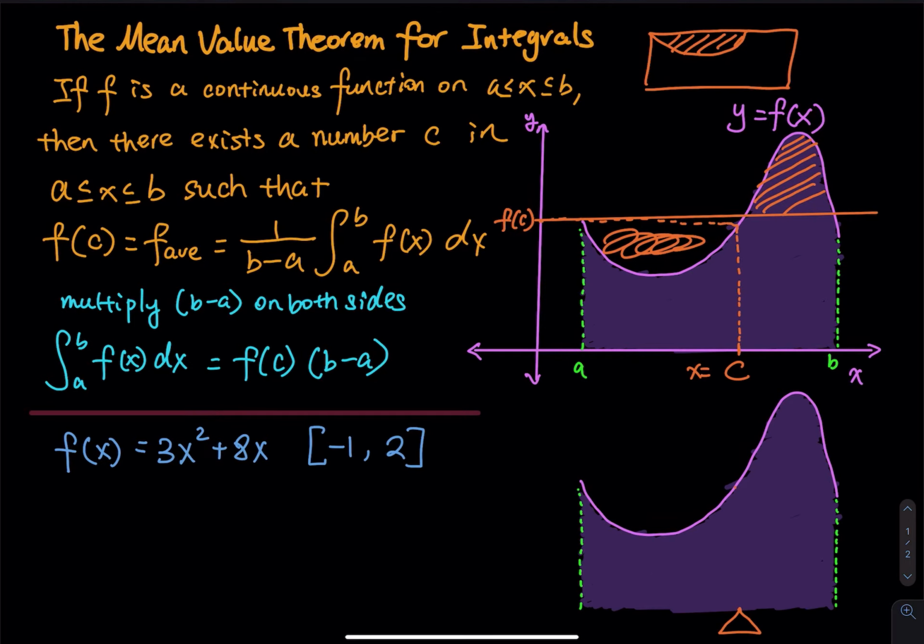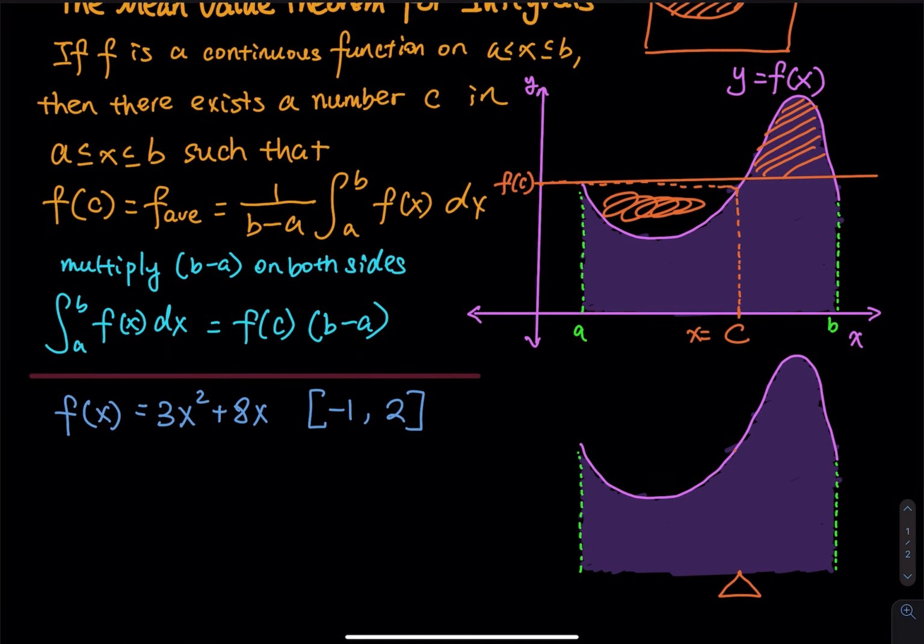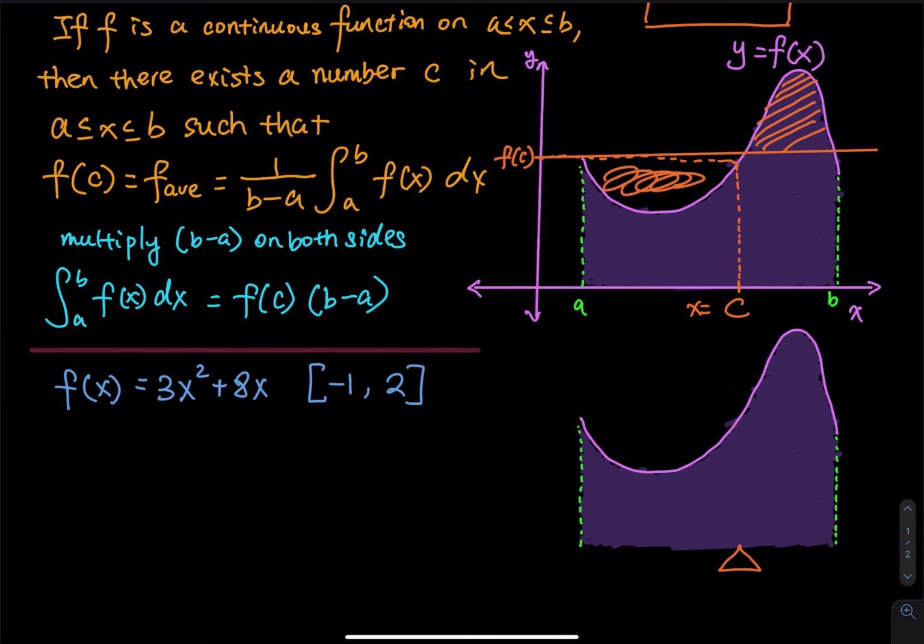Another way to interpret this is, we have this region under f of x, and the integral means I am looking for the area from a to b, right? So let's say this is c. At this point c, let's say I put a triangle right here. This point c is the average value. Imagine that the entire purple area is a piece of object. Just picture this in your mind.